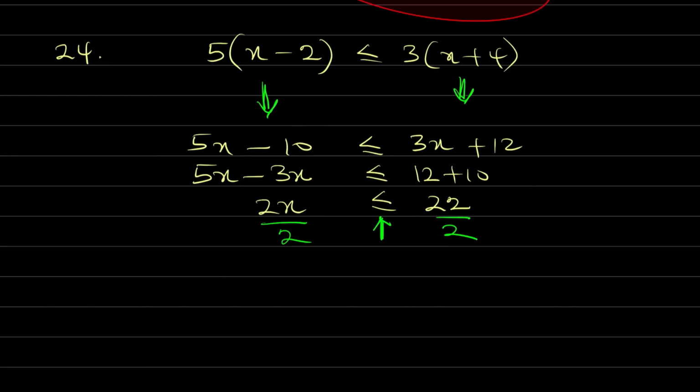In this case, although we are dividing, the number is positive, so we keep the direction exactly the way it is. 22 divided by 2 is 11. And our final answer is simply x is less than or equal to 11. You do not have to change this sign because we are dividing by a positive number.